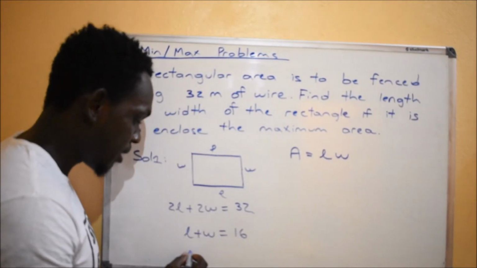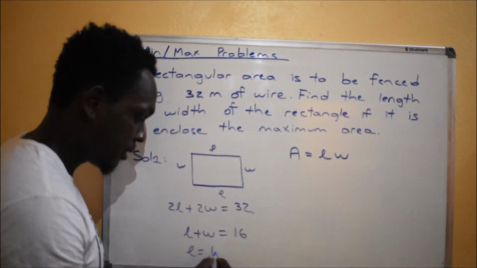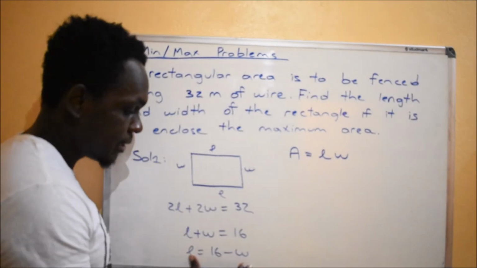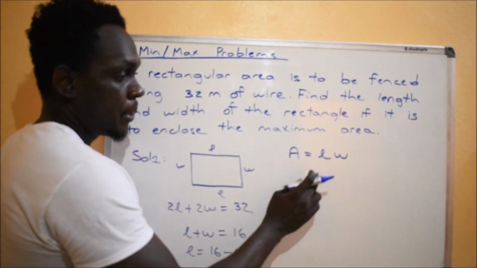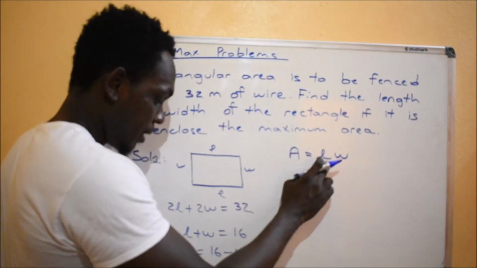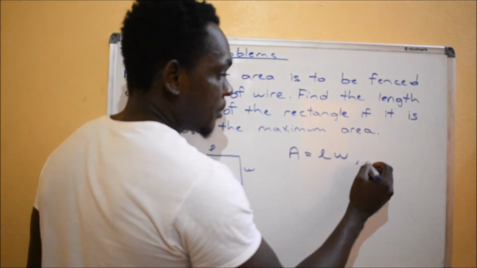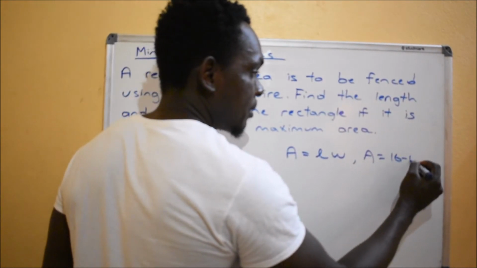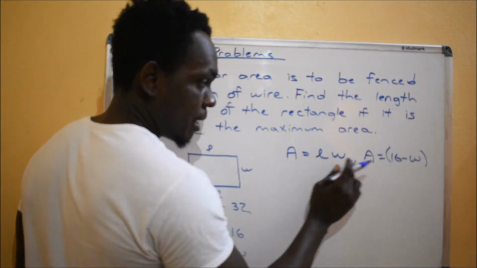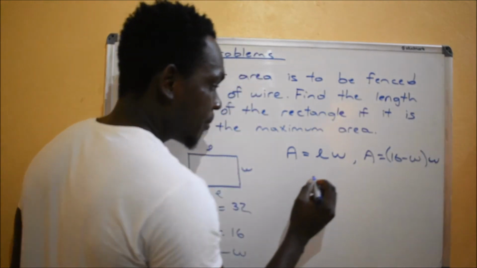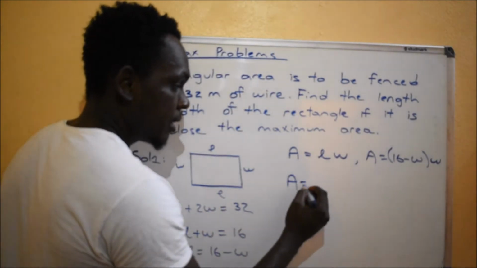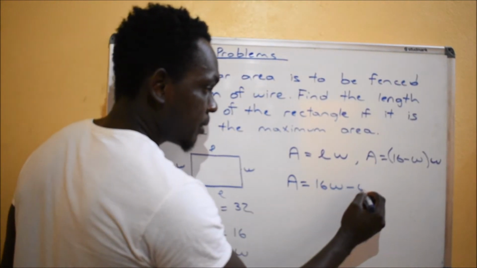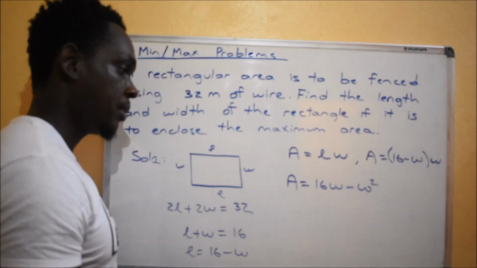So I can make L equal to 16 minus W. Since L is equal to 16 minus W, I can replace this L with 16 minus W. So the area is equal to 16 minus W, that would be my L, times W. So A is equal to 16W minus W squared.